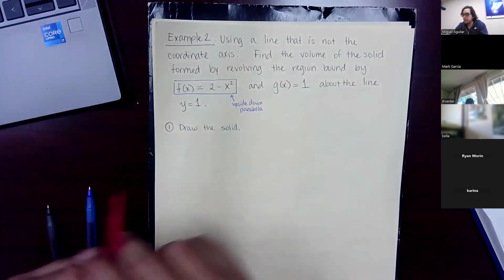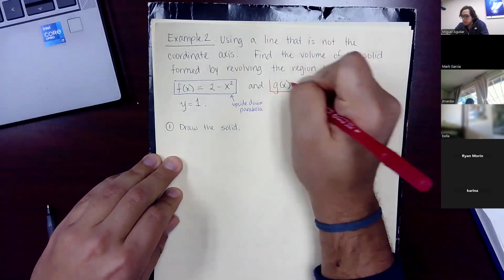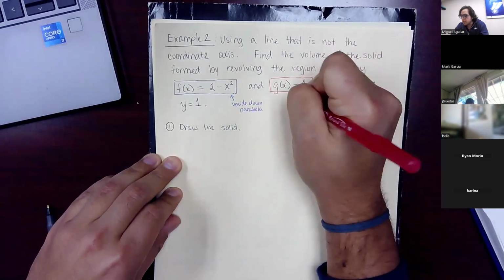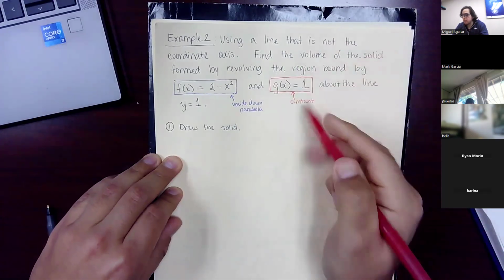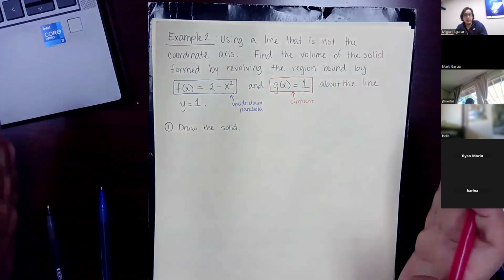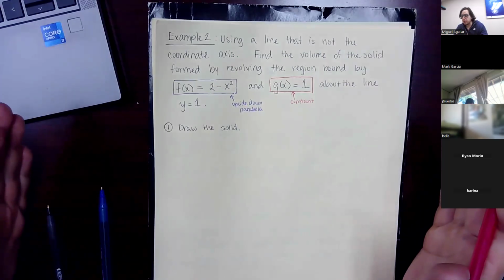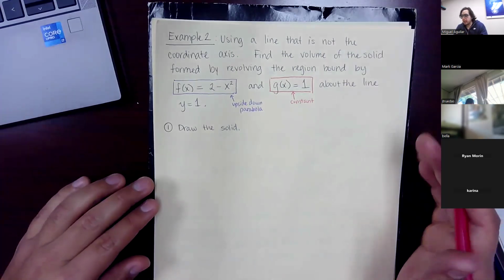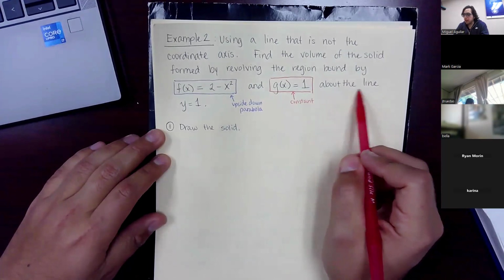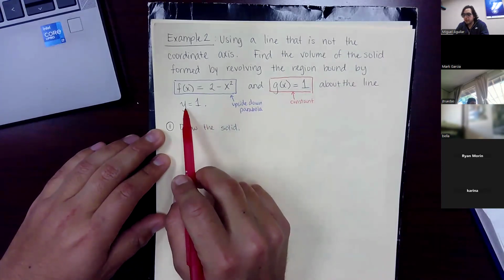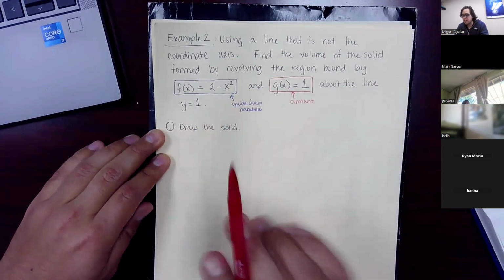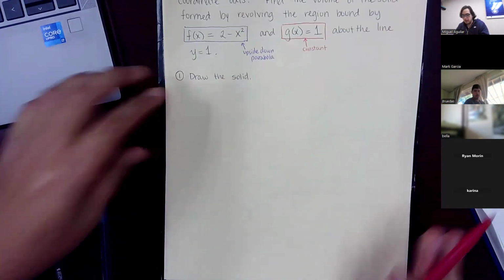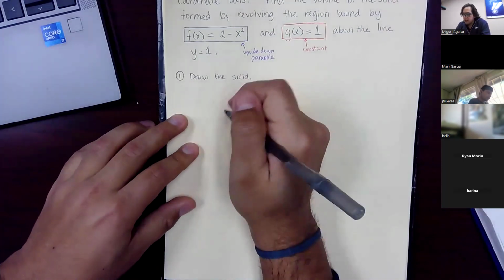To be able to visualize that. g of x is a constant function. And constant functions just represent these horizontal lines at a particular y value. Okay. And we want to revolve around the line y equals 1, which happens to be the exact same function as this. So let's just go ahead and draw these functions sort of floating in space.